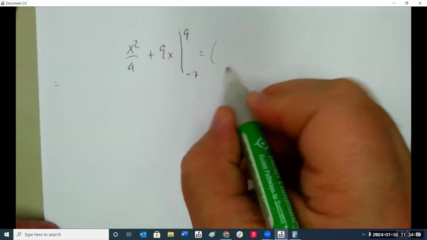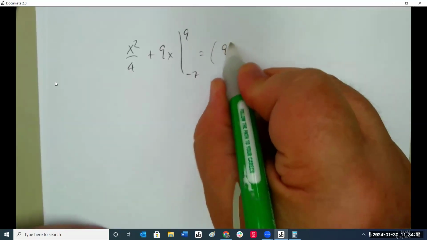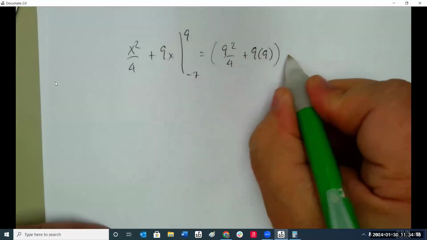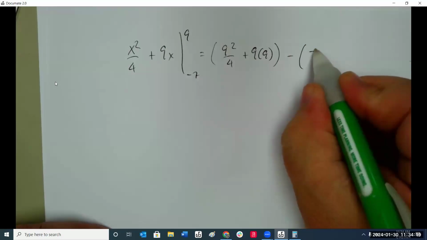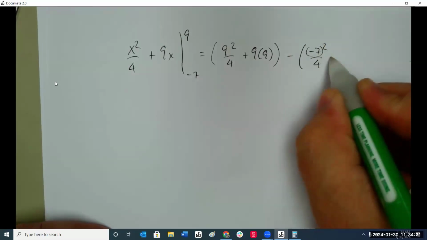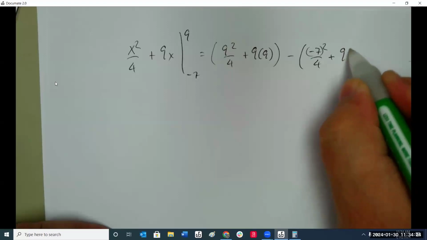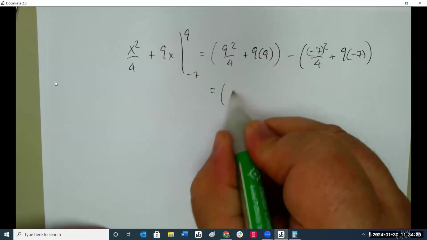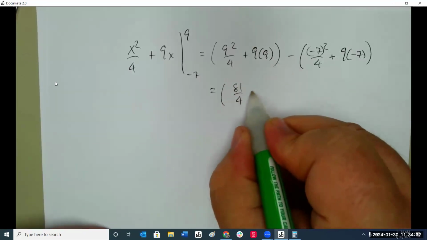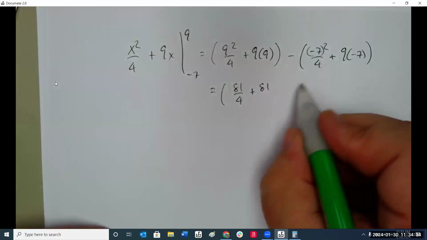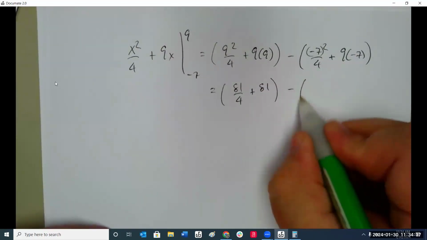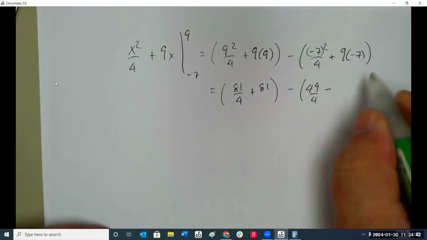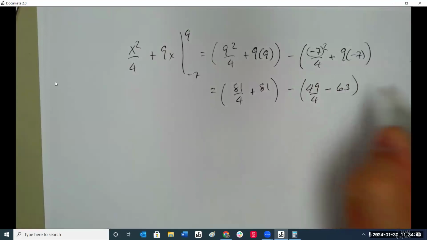So for the first part, we have 9 squared over 4 plus 9 times 9, minus negative 7 squared over 4 plus 9 times negative 7. 81 over 4 plus 81, 49 over 4 minus 63.